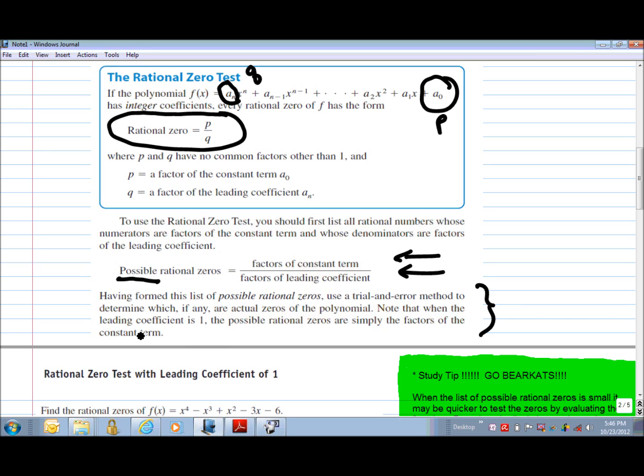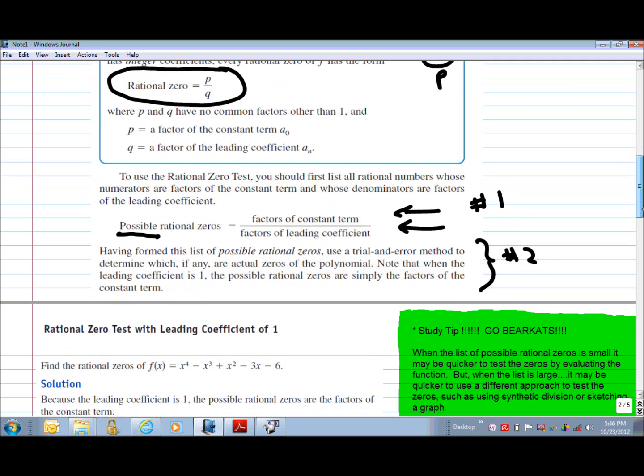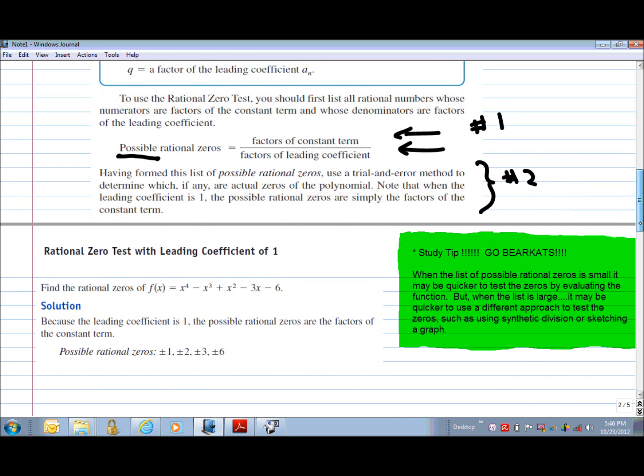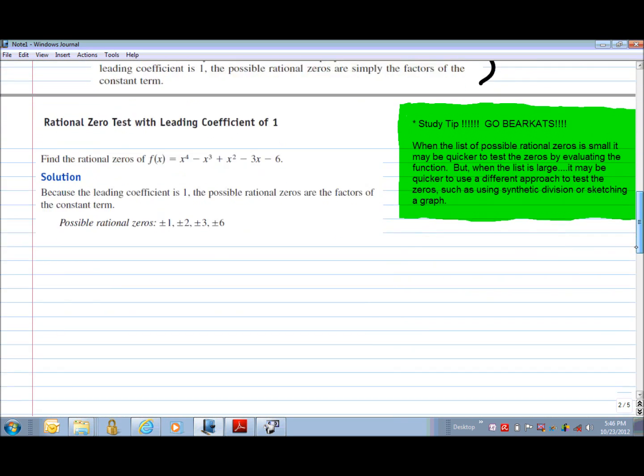Finding the possible rational zeros is the first step, and then our trial and error method to find additional ones is our second step. That's the first two steps we're going to get through today while we're trying to graph and find some polynomials. And today I think all we're trying to find is the zeros. We're not even graphing until tomorrow.